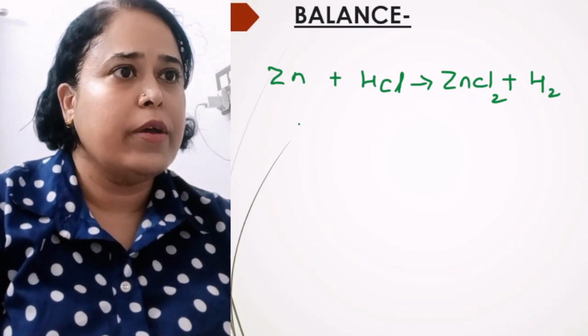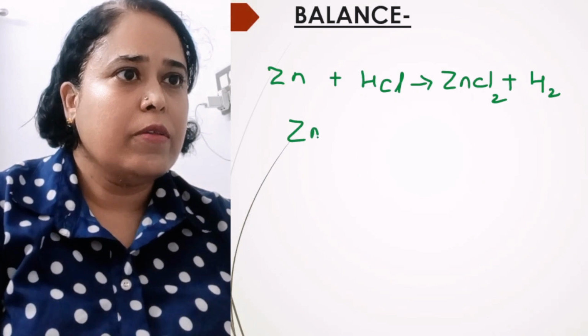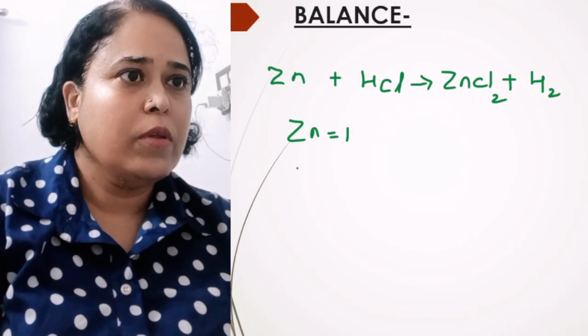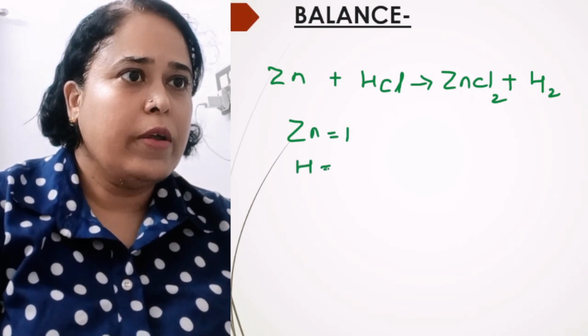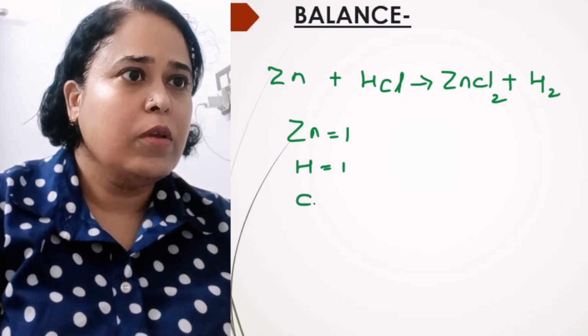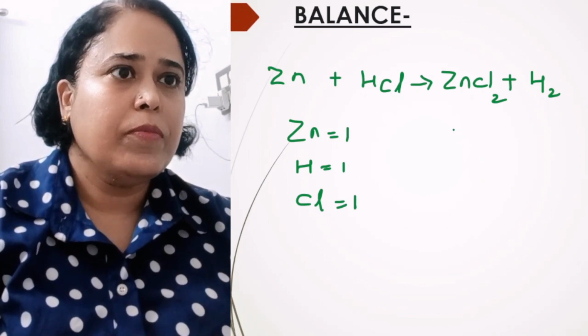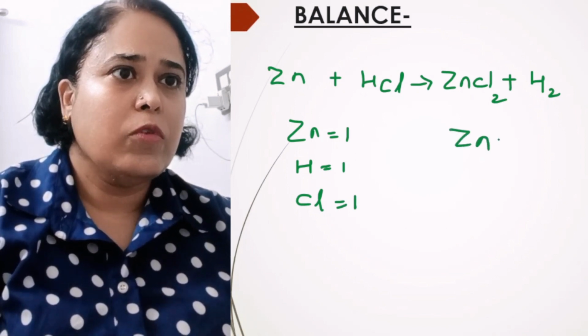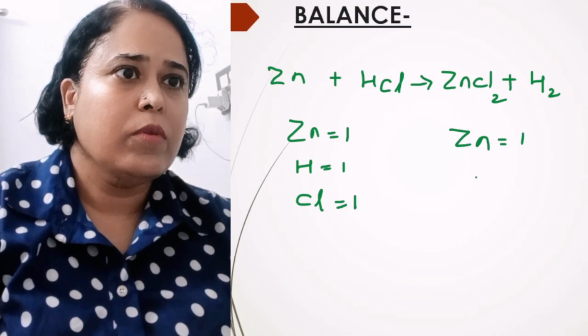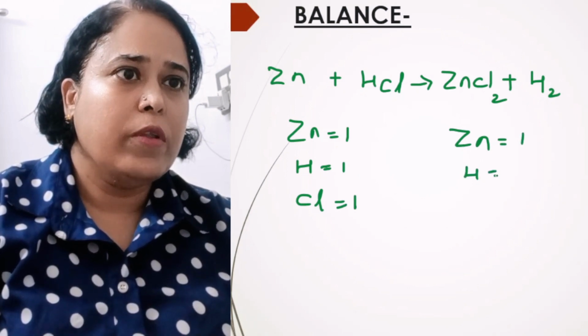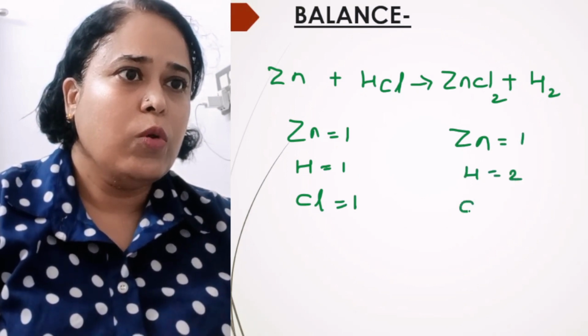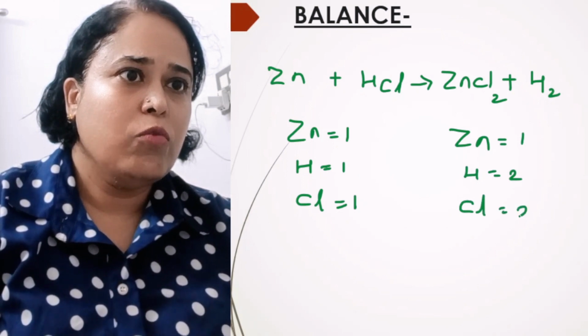Reactant side, product side. Zinc 1, hydrogen 1, chlorine 1. Product side, zinc 1, hydrogen 2, chlorine 2.